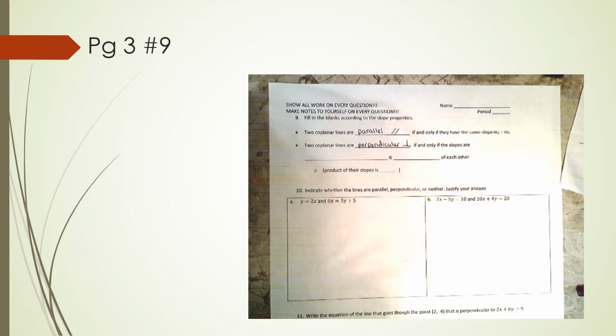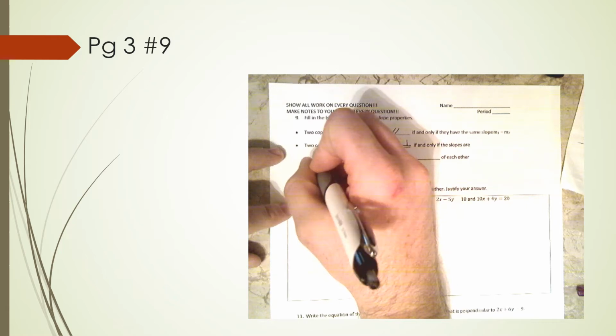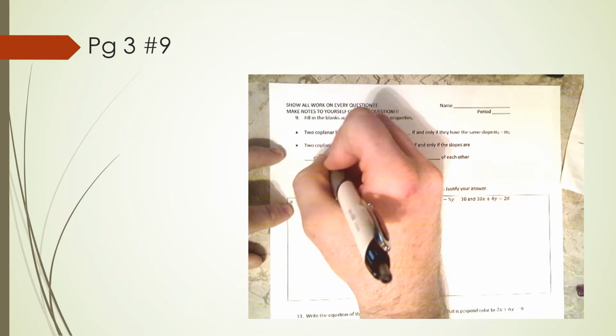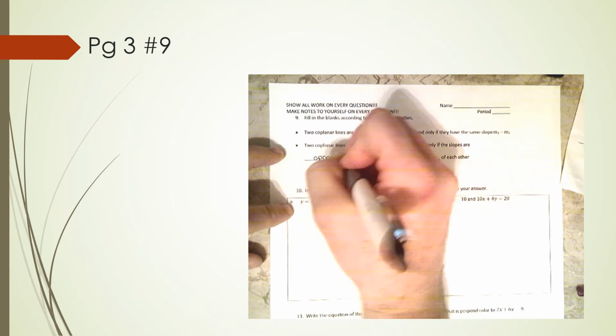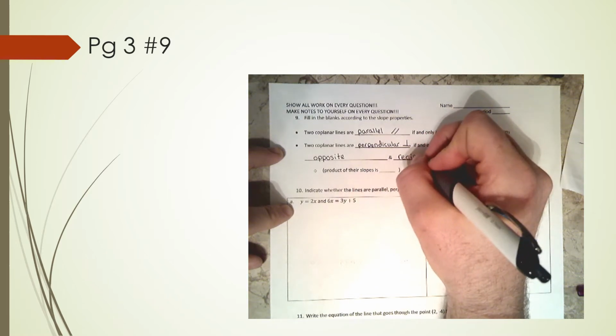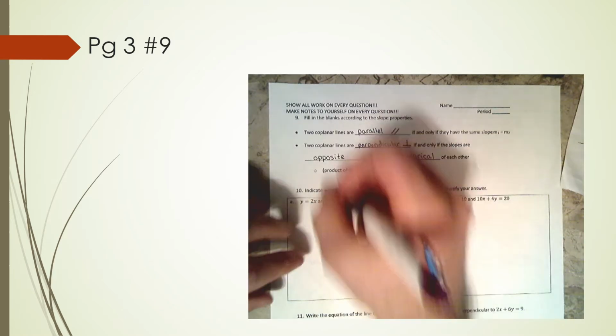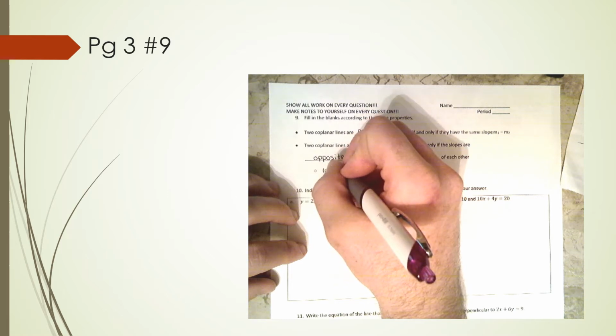And something that hopefully you know with perpendicular is that they do the opposite and reciprocal to the slopes. So opposite, what that is telling us is that they change sign. So an opposite sign.